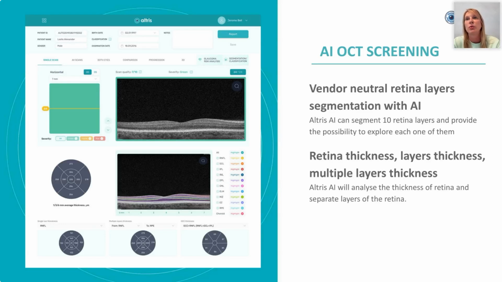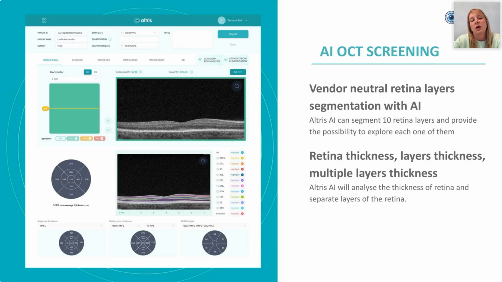When we are treating many patients with different pathologies, those numbers can be critical for our decisions. One patient can have data taken from Heidelberg, another from Topcon, another from Zeiss, and we can compare easily because Altris calculates thicknesses by itself, no matter what the device is.